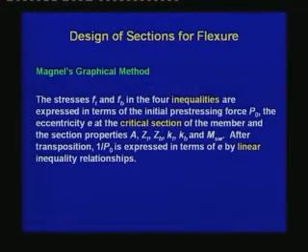The expressions of the stress at the top and at the bottom in the four inequalities are expressed in terms of the initial prestressing force P0, the eccentricity E at the critical section of the member, and the section properties A, then the section moduli ZT, ZB, the Kern levels KT, KB, and the self-weight moment MSW.